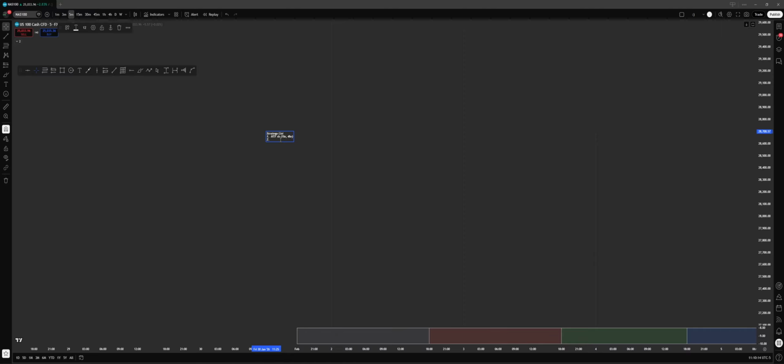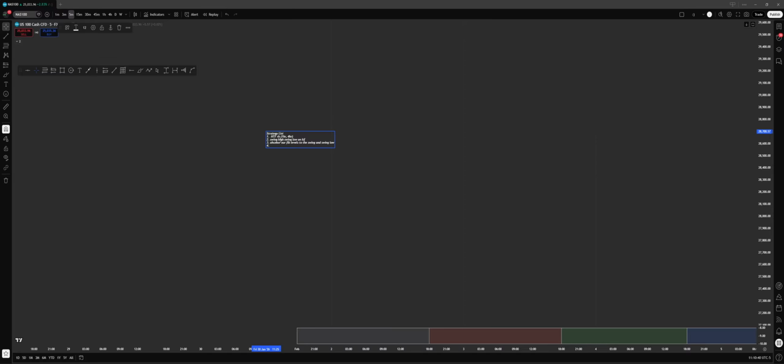Two, we're going to be looking for not a liquidity sweep, but some sort of swing high, swing low on a lower time frame. Three, anchor our fib levels to the swing high and swing low.